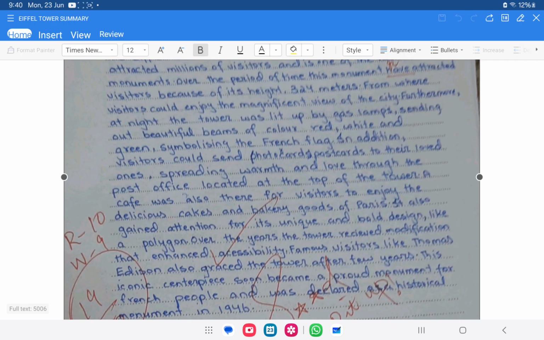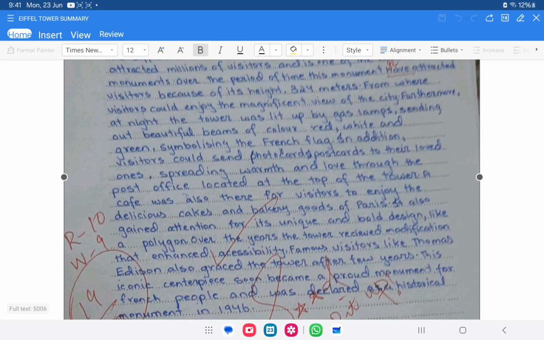Furthermore, very nice, good. Furthermore, at night, the tower was lit up by gas lamps, sending out beautiful beams of color, red, white, and green, symbolizing the French flag. In addition, nice. In addition, visitors could read this. Students who are not from C2 haven't read this; read this, take a screenshot, and then you will know how to write a summary.